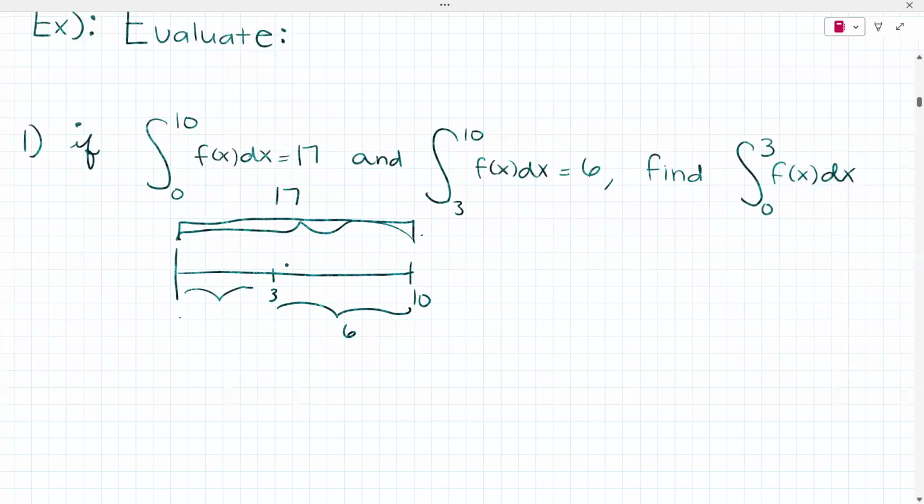Let's say we set it up as the integration from 0 to 3 of f of x dx plus the integration from 3 to 10, which we know is 6, equals the entire integration from 0 to 10.